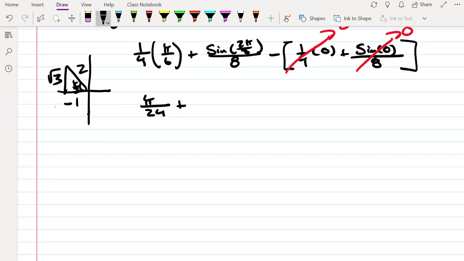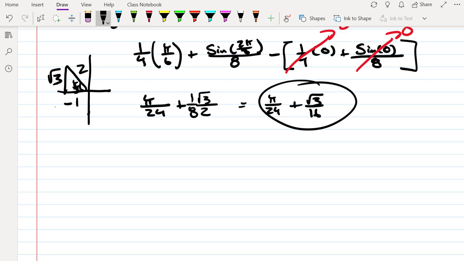That's not important here because the sine is opposite over hypotenuse, so we have root 3 over 2 times 1/8, which gives us pi over 24 plus root 3 over 16. We could get a common denominator if we so desired, but that's a perfectly good answer.